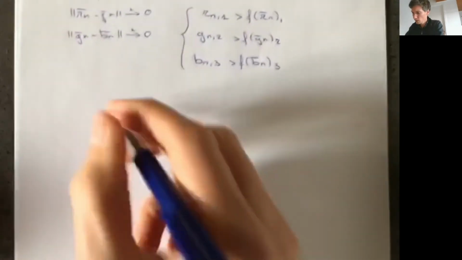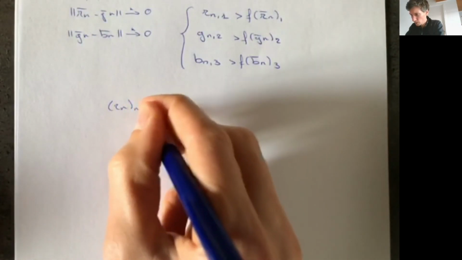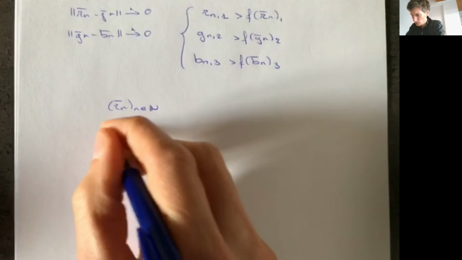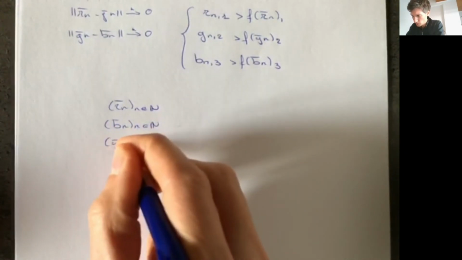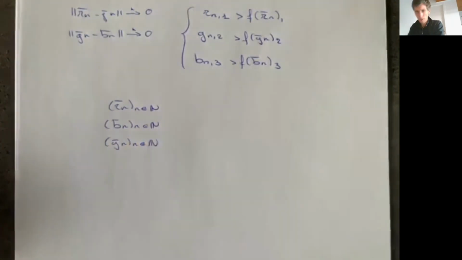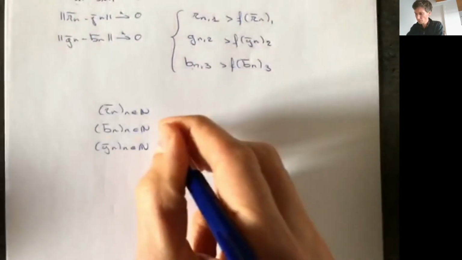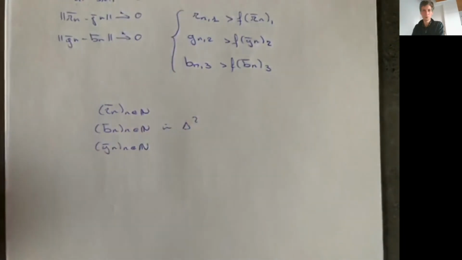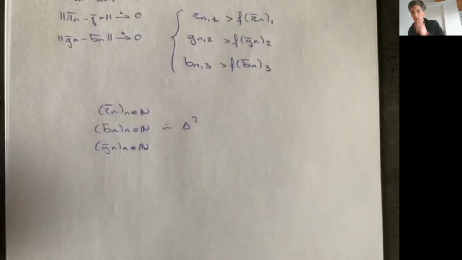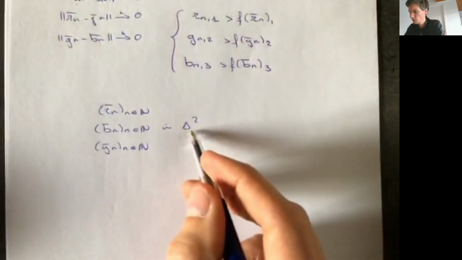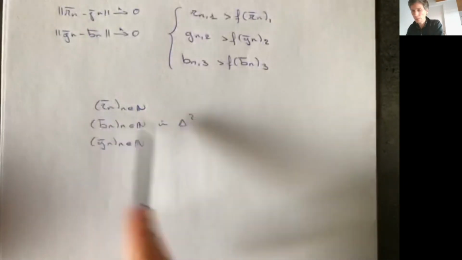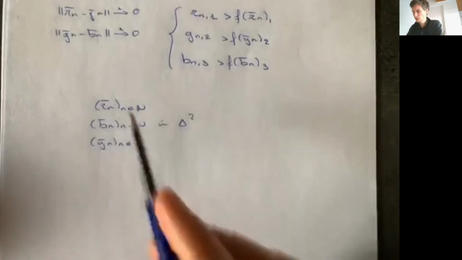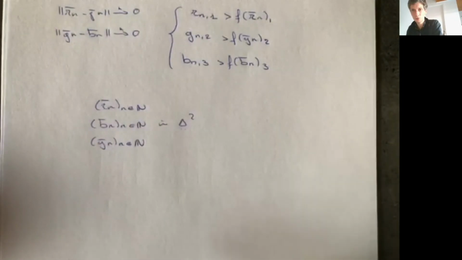Okay, so Rn, Bn, Gn, these are all sequences in delta 2, right? They don't have to converge, but at least because delta 2 is compact, I know they have a convergent subsequence. And I can make sure that these convergent subsequences coincide.